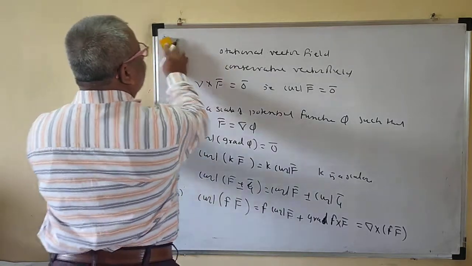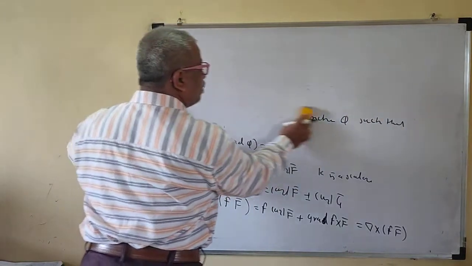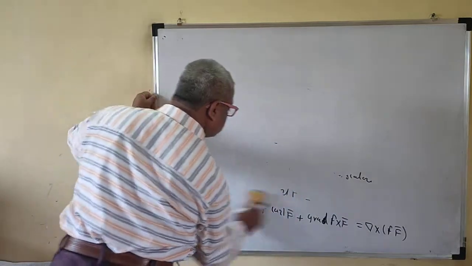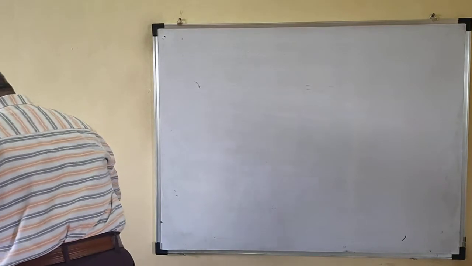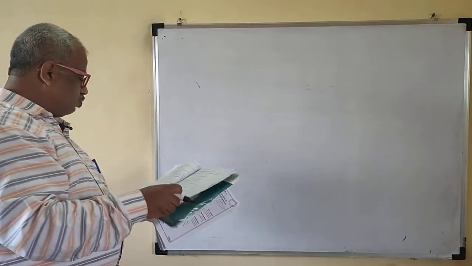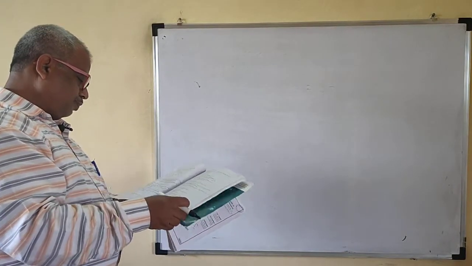Now we'll do the properties for divergence. The property for divergence is only the solenoidal field.